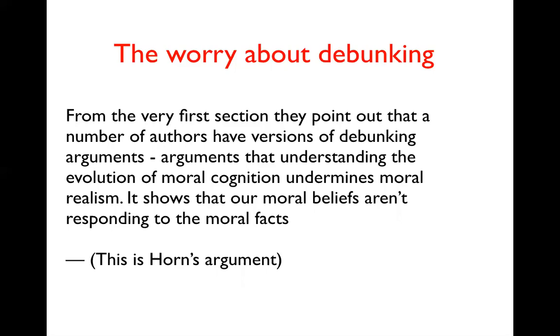It shows that our beliefs are not actually tracking the truth. They're not responding to the moral facts. They're instead tracking some kind of adaptive behavior. So that could lead you to think that there are no moral truths, or just that your beliefs in them are unjustified. That's Justin Horn's argument. That's the paper that we just read a few days ago.